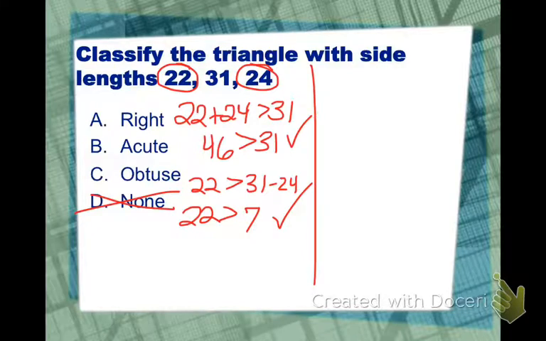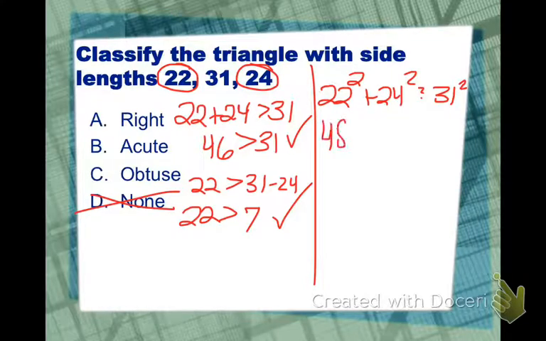So really now what we're after is, what do the squares of the two shorter sides end up being in comparison to the square of the longest side? So what's this?